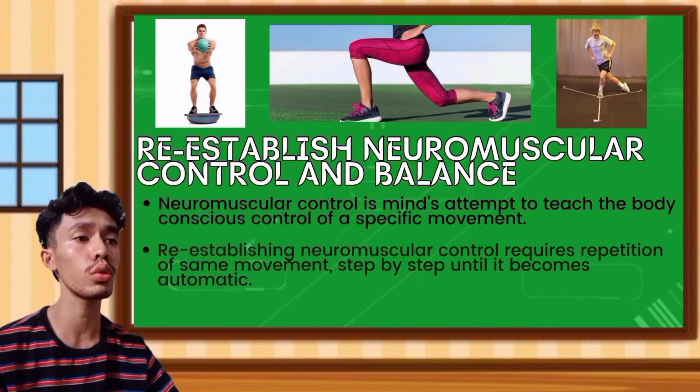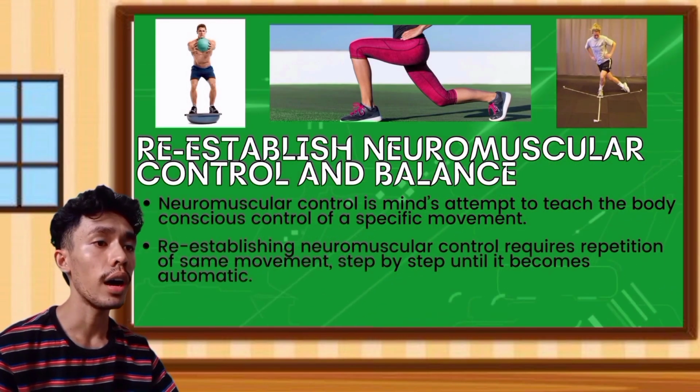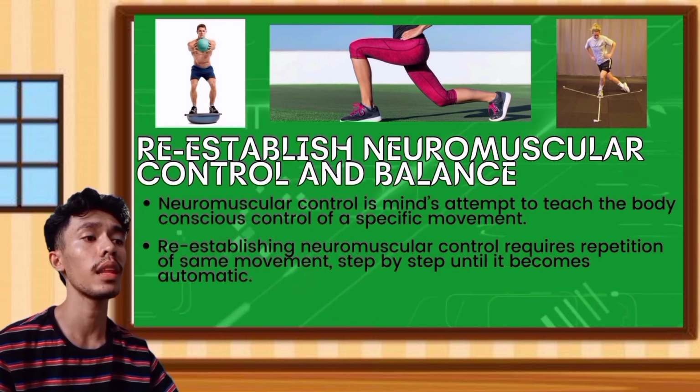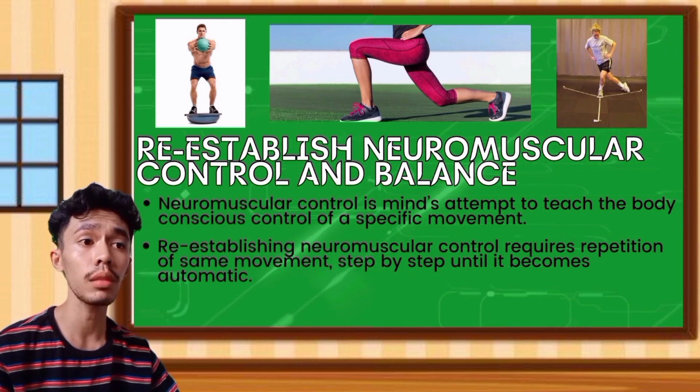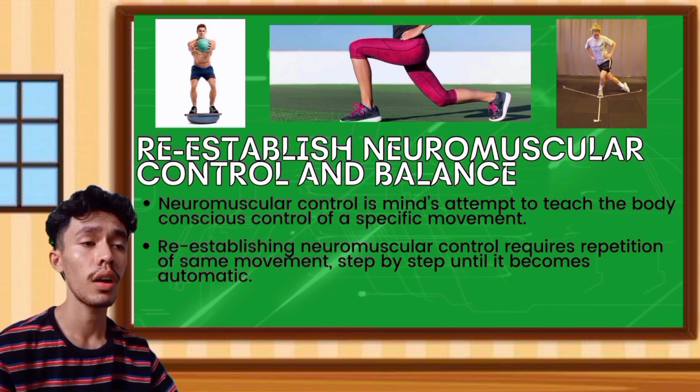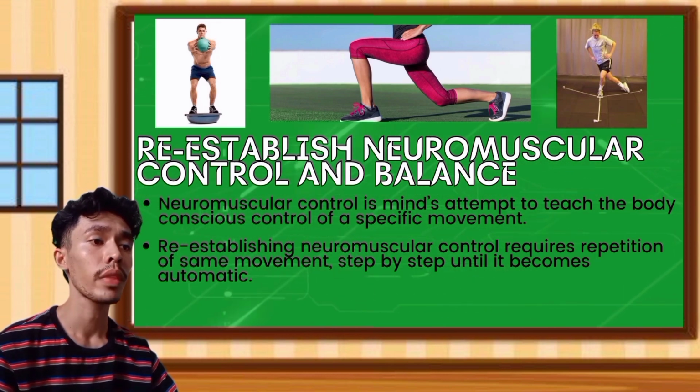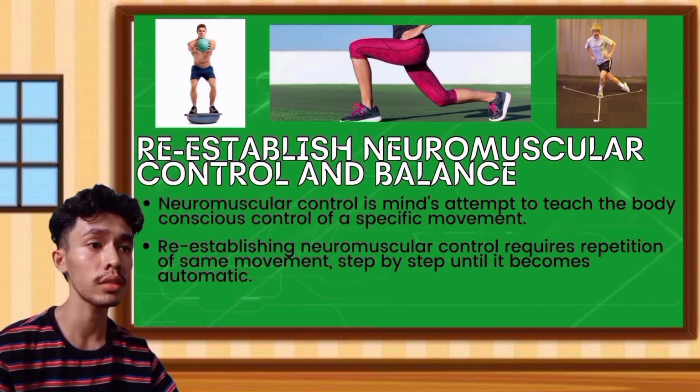Establishing neuromuscular control requires repetition of the same movement, step by step, until it becomes automatic, progressing from simple to difficult tasks. Take note of that.